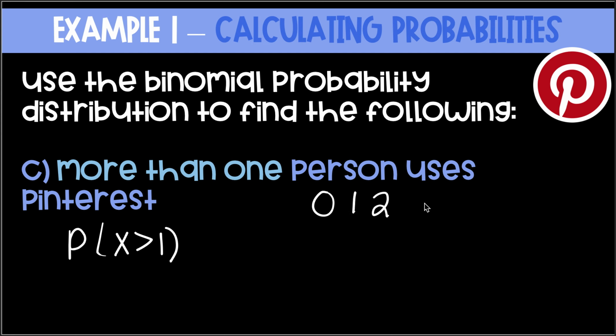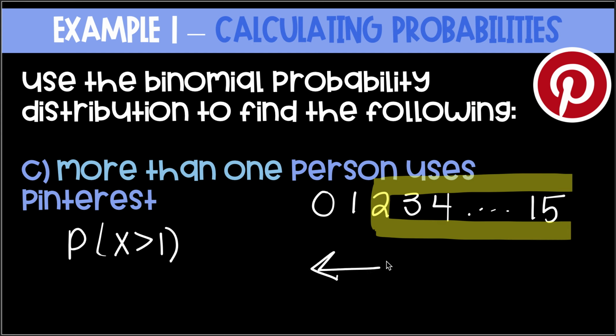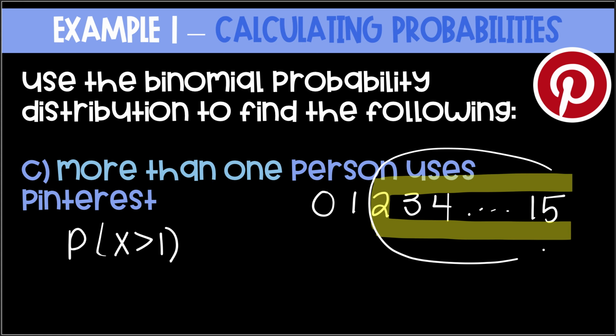If we have the probability of 0 users, 1 user, 2, 3, 4, all the way to all of them being Pinterest users, I want more than 1, that is 2 or 3 or 4 or 5, including the 2. My CDF command gives me this area up to that value.